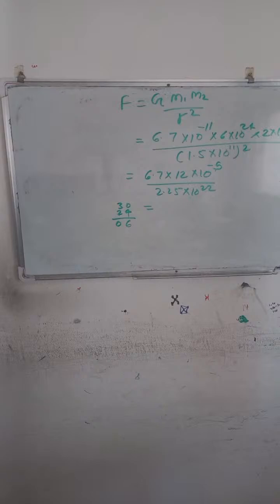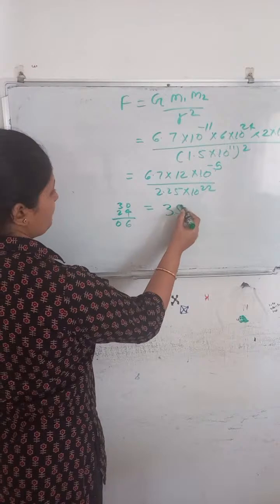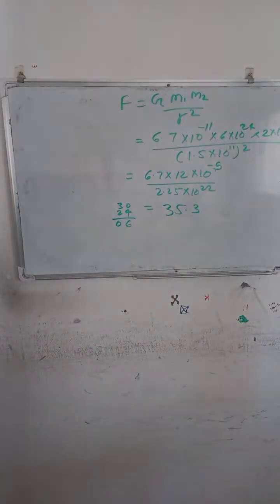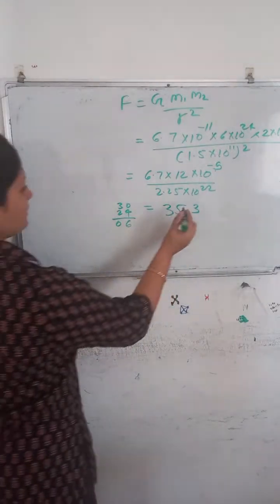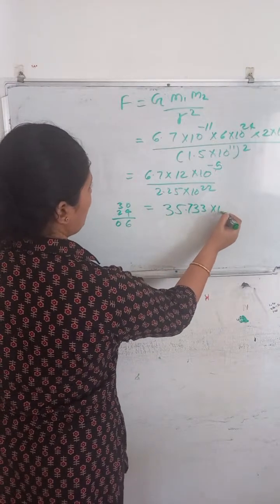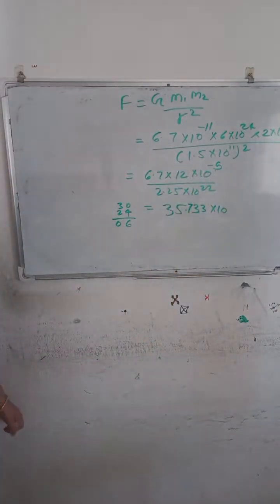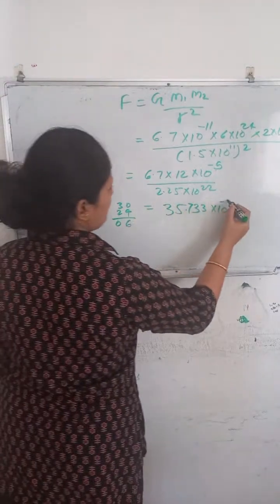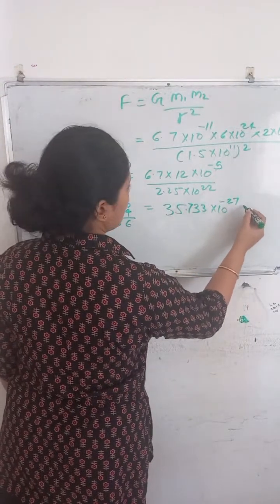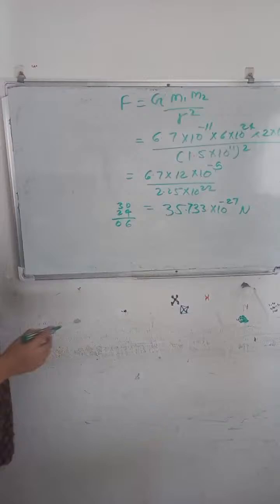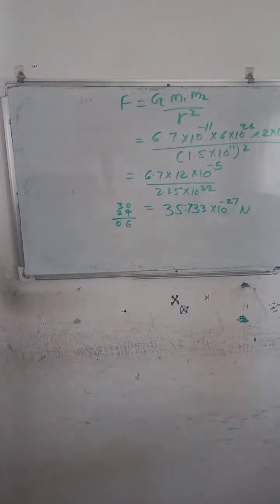We'll get this as 35.37 and so on, and minus 5 minus 22 is minus 27. Newton is the force between them, or 0.357 into 10 raised to minus 25 is the answer.